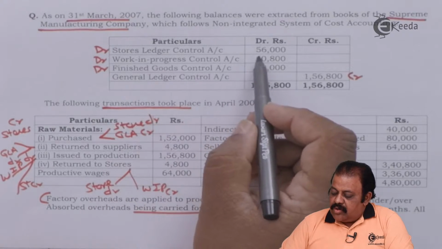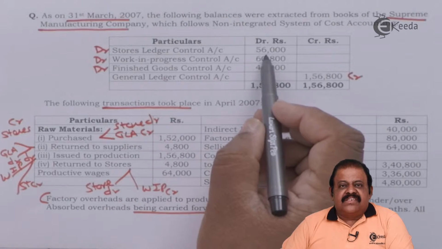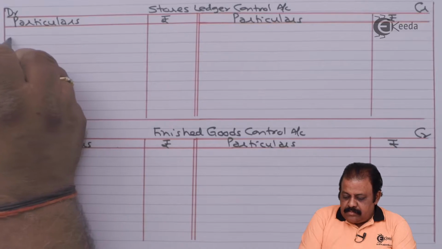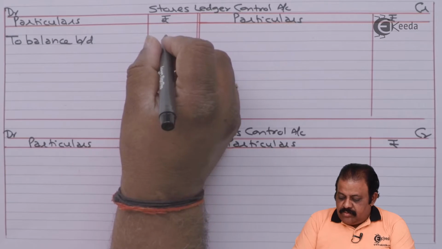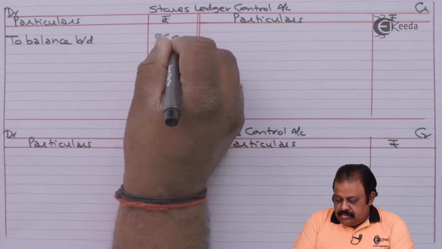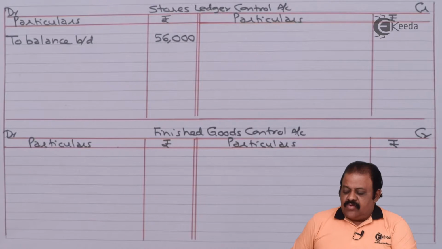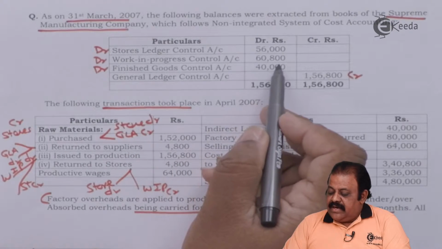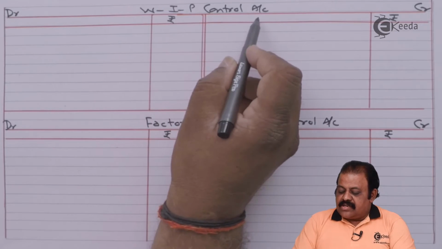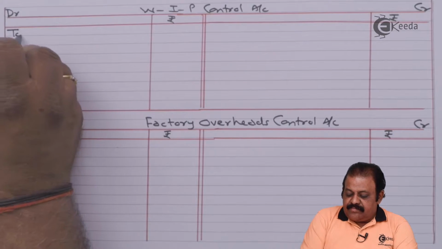Stores ledger control account, opening debit balance 56,000. To balance brought down 56,000. Work in progress control account, opening balance 60,800, debit side.